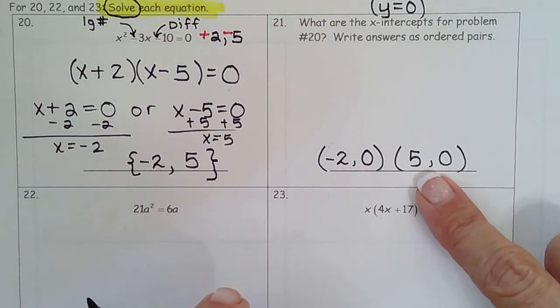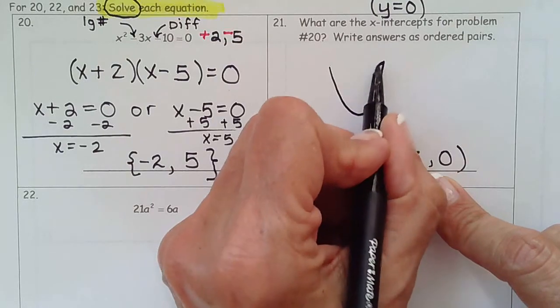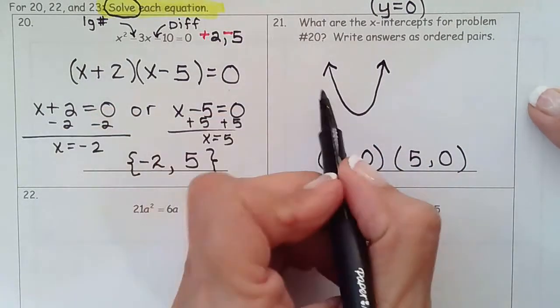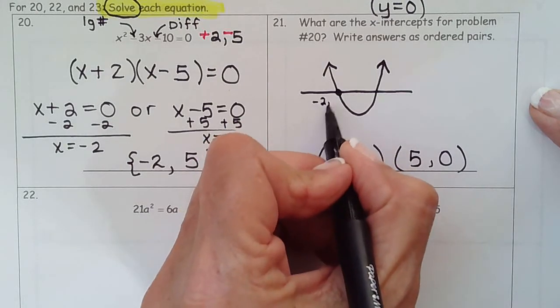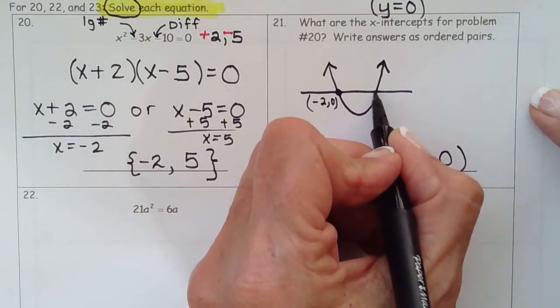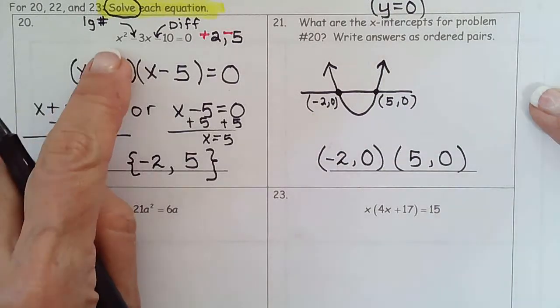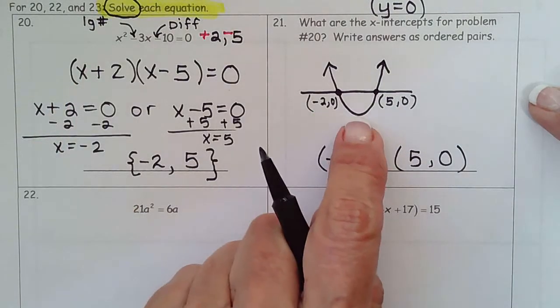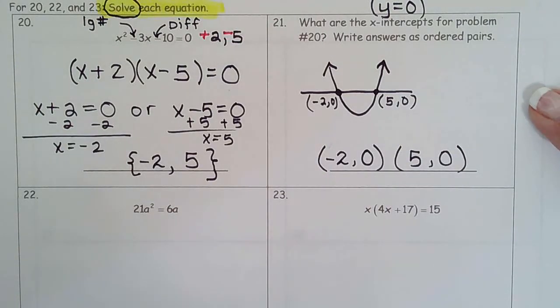So this is where the parabola, which cups up, is going to cross the x-axis at -2, 0 and at 5, 0. And we know it cups up because the leading coefficient's positive. We don't know this point yet. We learned that in chapter 7, but we do know this much. Cool, huh?